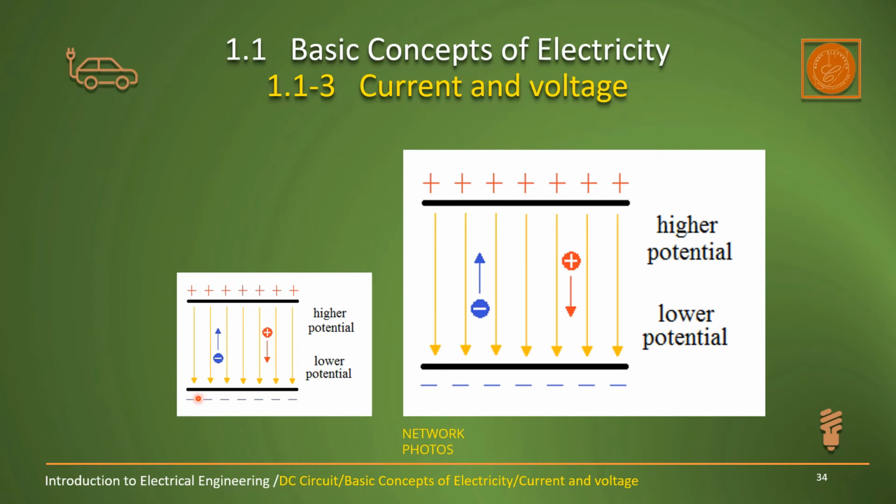That means the energy required to move the unit charge from this point to this point is less than the energy that moves this charge from this point to this point. It means this picture shows the voltage is higher and this voltage is lower because the distance is short.